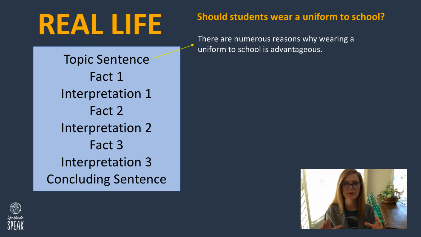We know that this paragraph is only going to focus on reasons why a uniform at school is advantageous. That's it. That's the purpose of this paragraph. Your topic sentence tells the reader that.